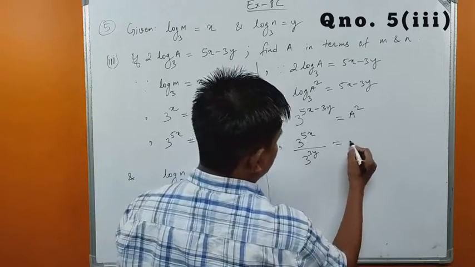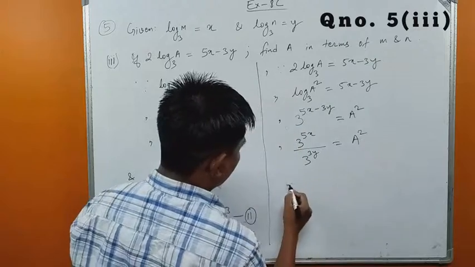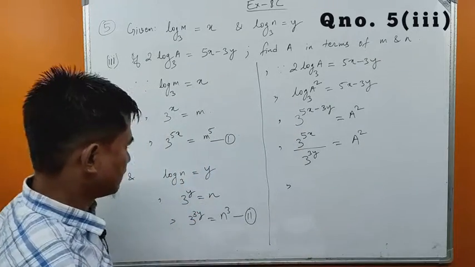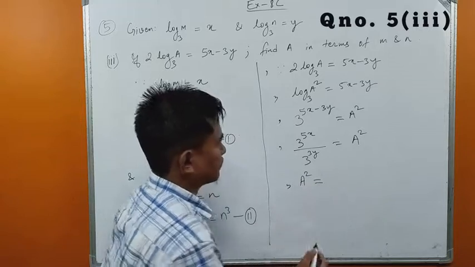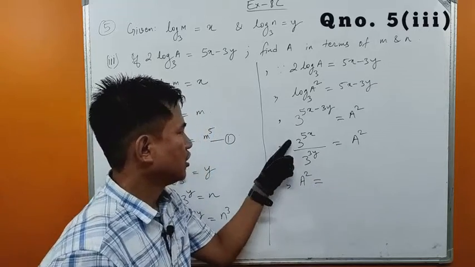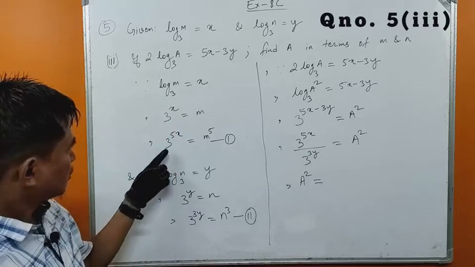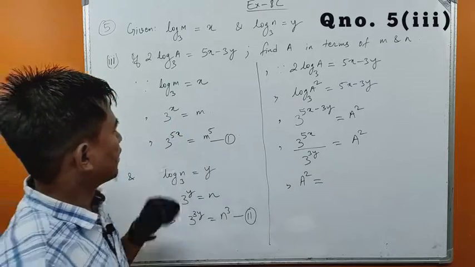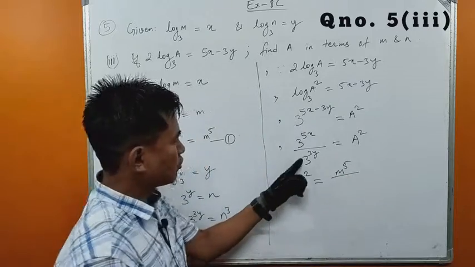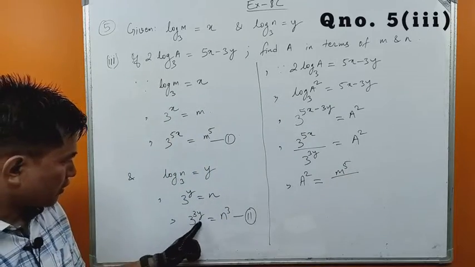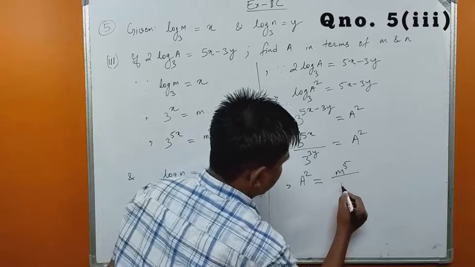So this is a square. A square equals 3 to the power 5x, which means m to the power 5, upon 3 to the power 3y, which means n cube.